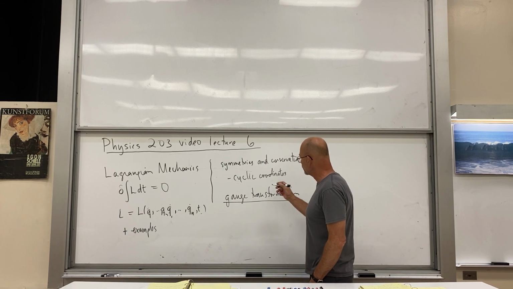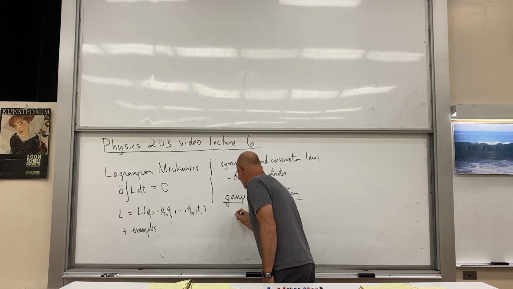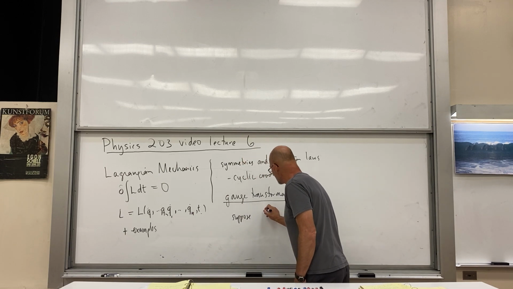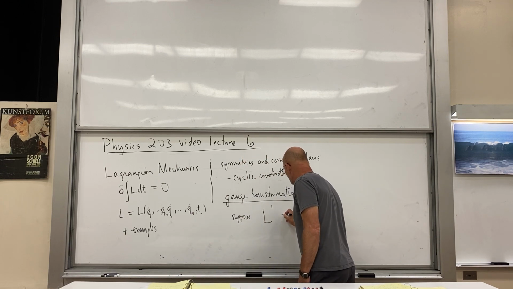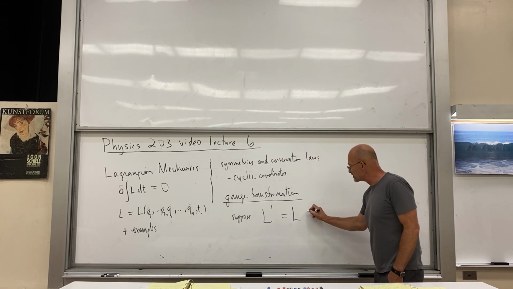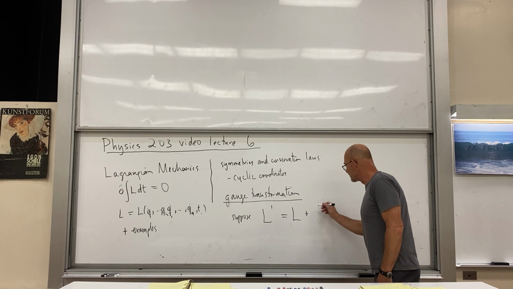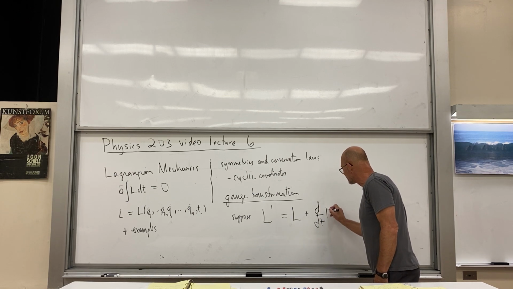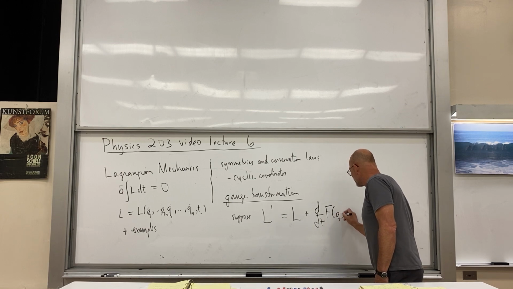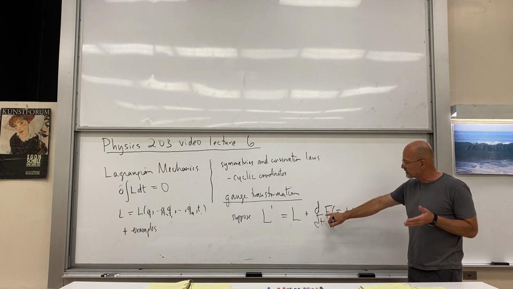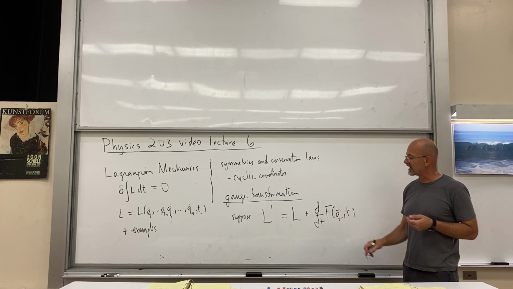So what we're going to prove is the following. Suppose we have a Lagrangian, I'm going to call it L prime, that differs from the original Lagrangian by some terms that can be expressed as the complete time derivative of an arbitrary function of the coordinates and the time.